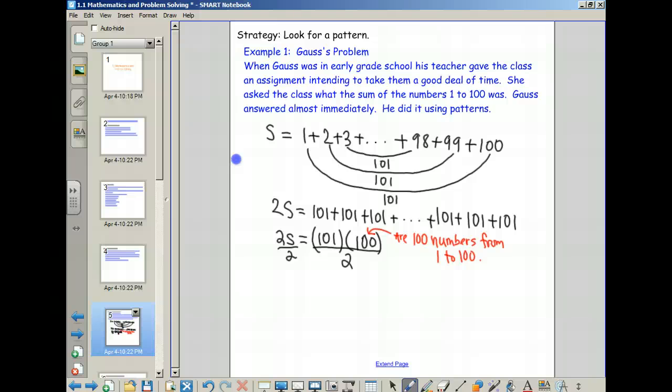All right, so if you decide to do this, you have a couple choices. You can either divide this right now, or you can multiply these two and then divide. It doesn't much matter. But I'm going to divide this out now.